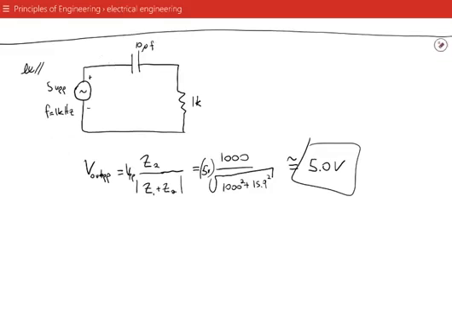We saw that the capacitor's impedance was only about 15 ohms. So most of the voltage is going to drop across the resistor, and that's why we got virtually all of the signal out. And so this is considered a high-pass filter. High frequencies are allowed to pass without being reduced.